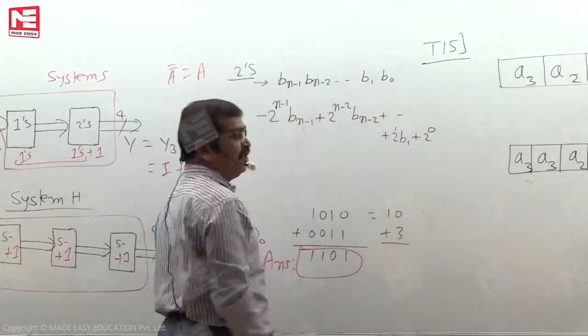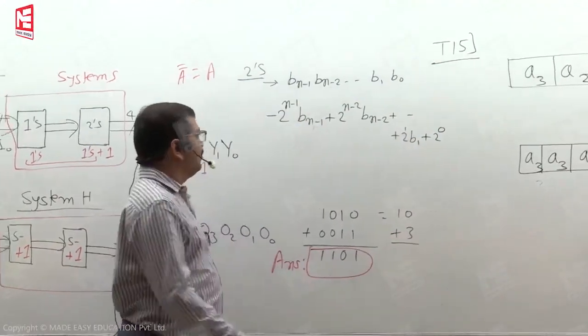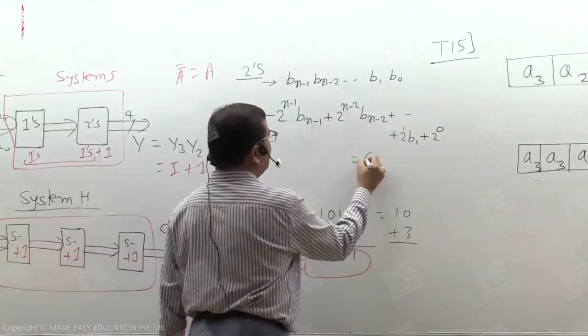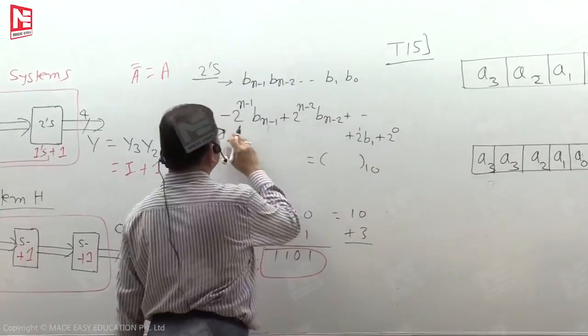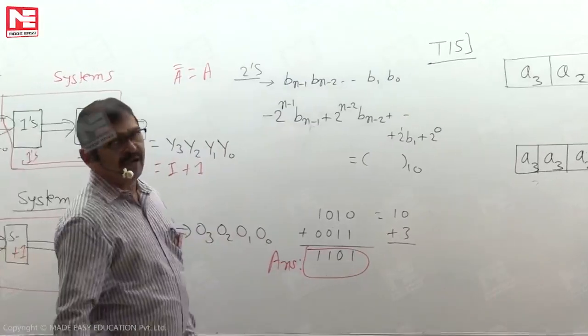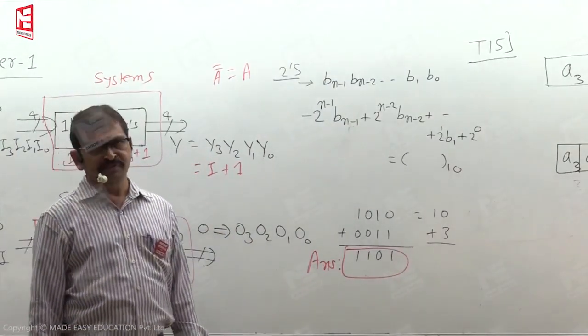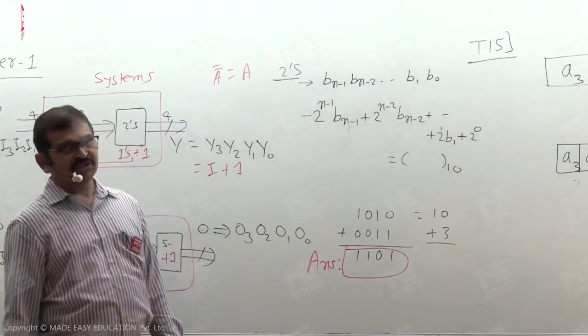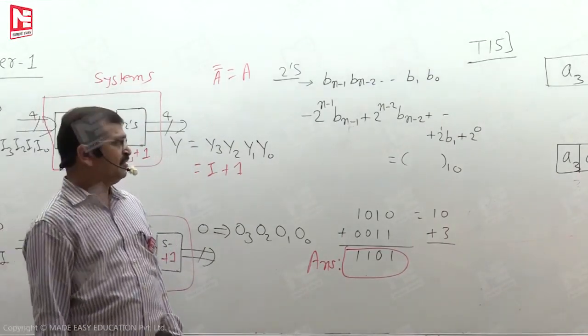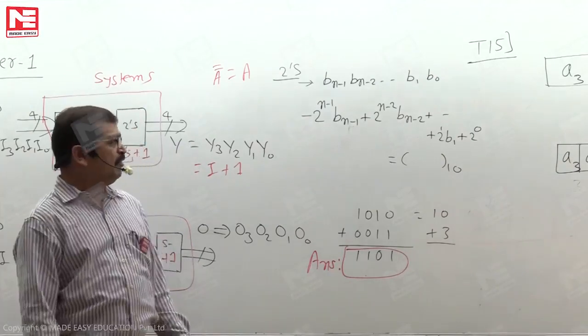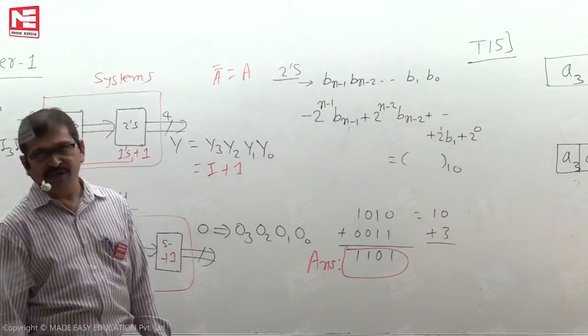When this number is in the 2's complement form, to evaluate the equivalent decimal value, we use minus 2 to the power of n-1 times the MSB bit, that is b(n-1). For the remaining bits, it is only plus. So by using this equation, we get the equivalent decimal value.